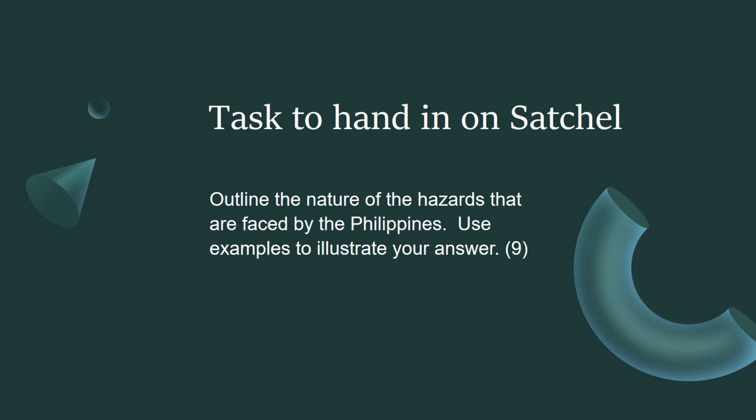And then maybe you just finish off by coming back to the fact that the Philippines faces all of these hazards, and they could happen in quick succession, or even potentially at the same time, or that you might be getting over one when the next one strikes, which amplifies the overall hazard. Okay, so hopefully that's enough guidance that you've got a clear idea of what it is you need to do.